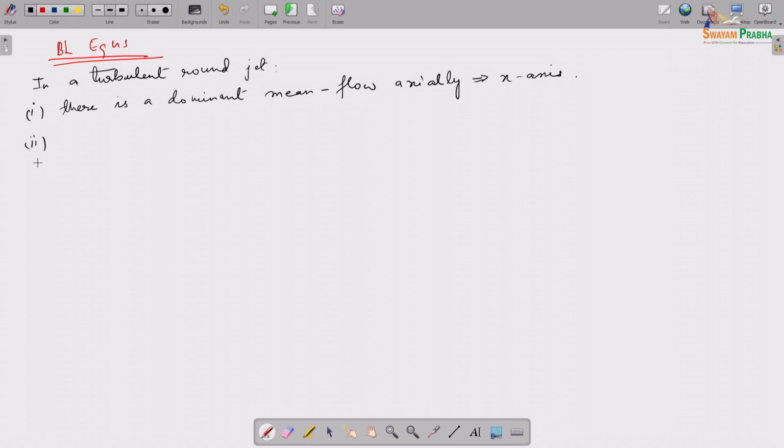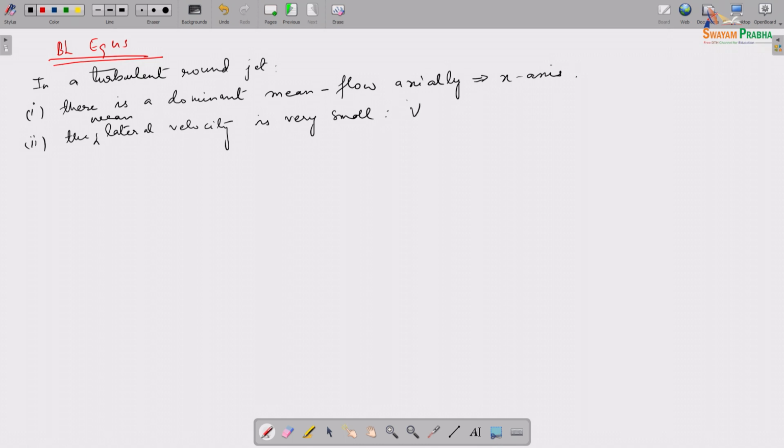The mean lateral velocity is very small.